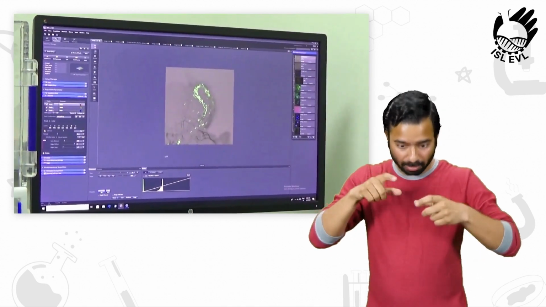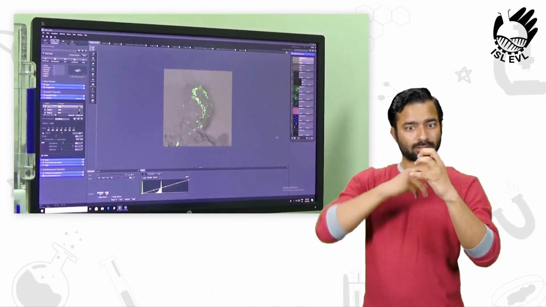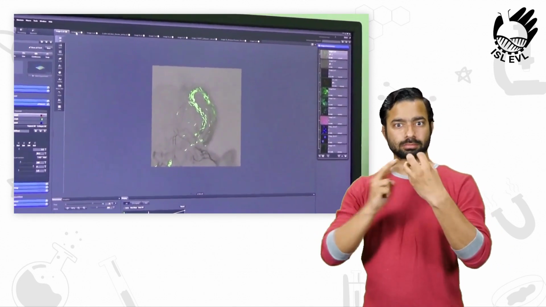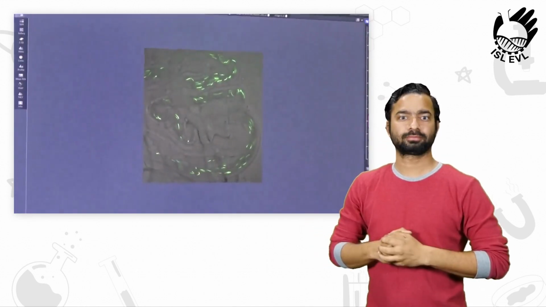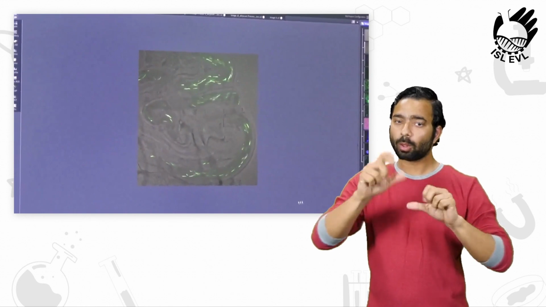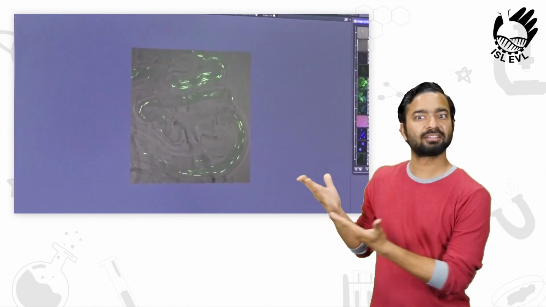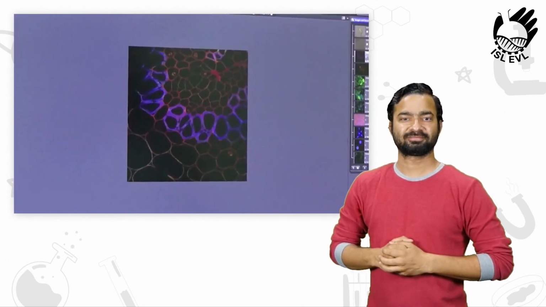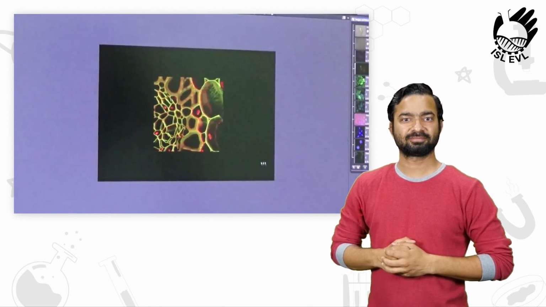Some images which are captured by this microscope are, this is live cell imaging, some Drosophila, and this is also live cell imaging. These are some pictures. This is a 3D image.